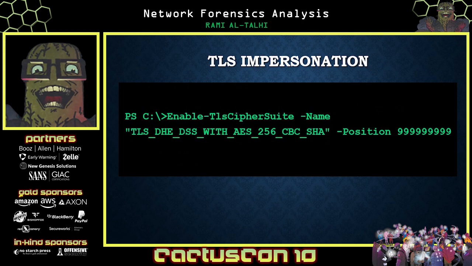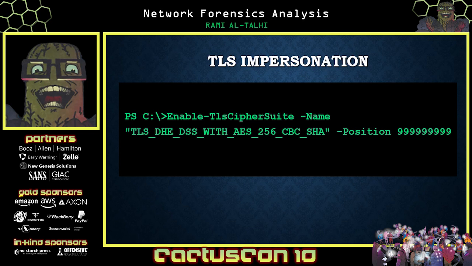One of the things that you can utilize in PowerShell to manipulate and impersonate the TLS is to use the enable TLS cipher suite command. Then you can position an extension, as we have here called TLS DHE DSS, into lower priority.